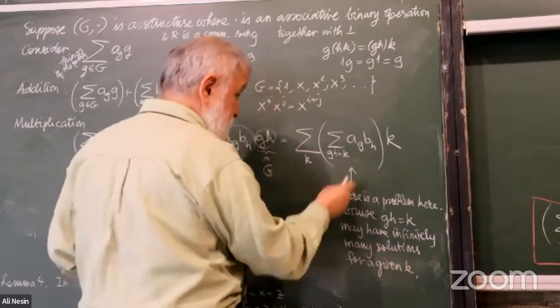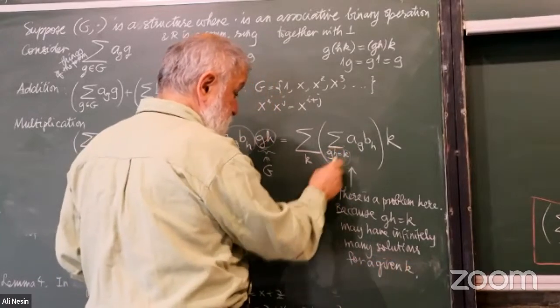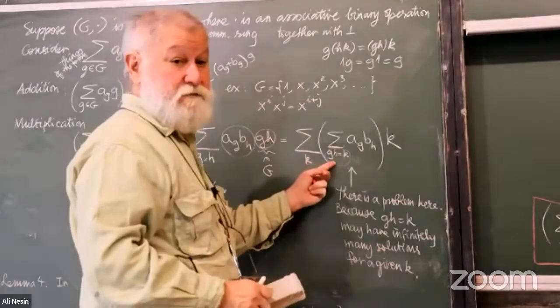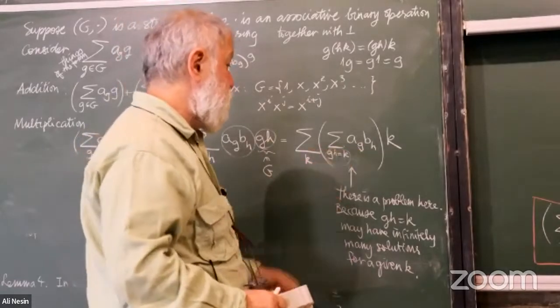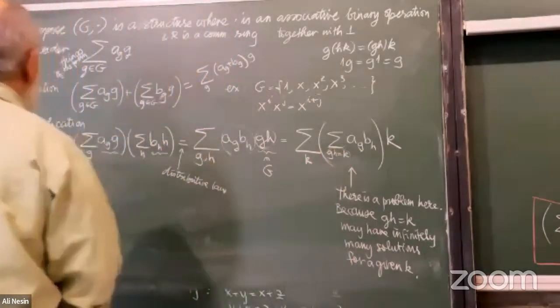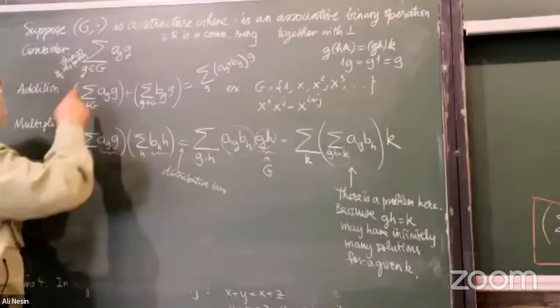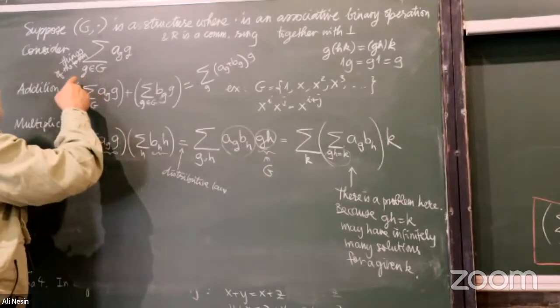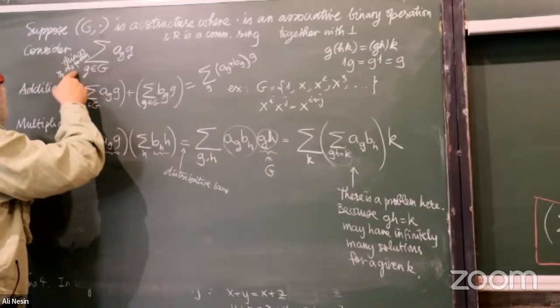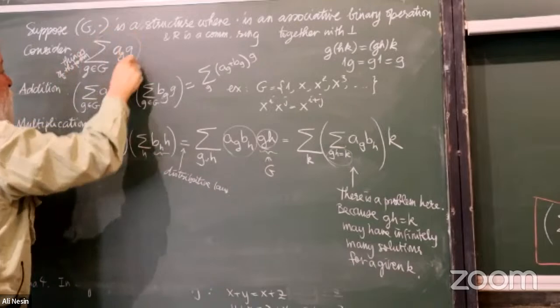For some k, this may have infinitely many solutions, and then you cannot complete this. But if you take only finite sums, consider things of this form, but finitely many.